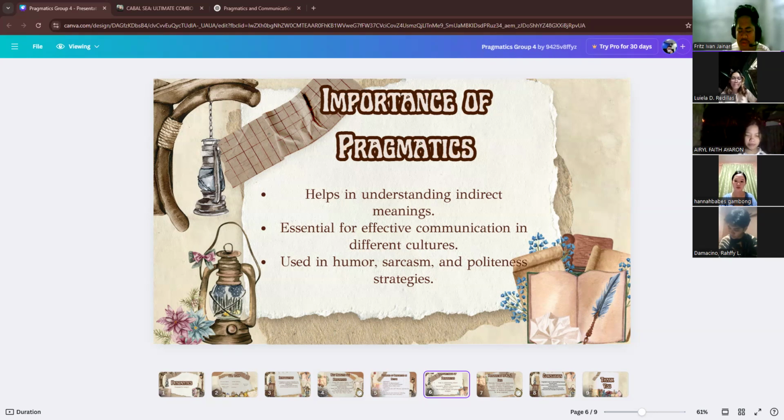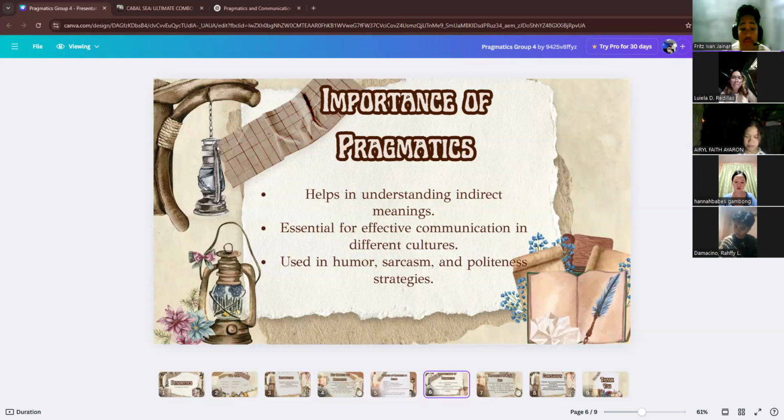Person A: "It's really bright in here." Person B closes the curtains because it's really bright. So person A indirectly suggests reducing the brightness without explicitly asking, like "Can you close the curtains because it's really bright?" He didn't ask that.